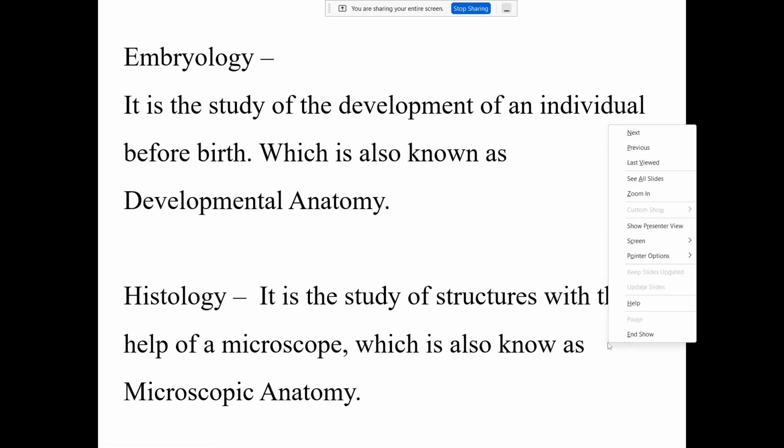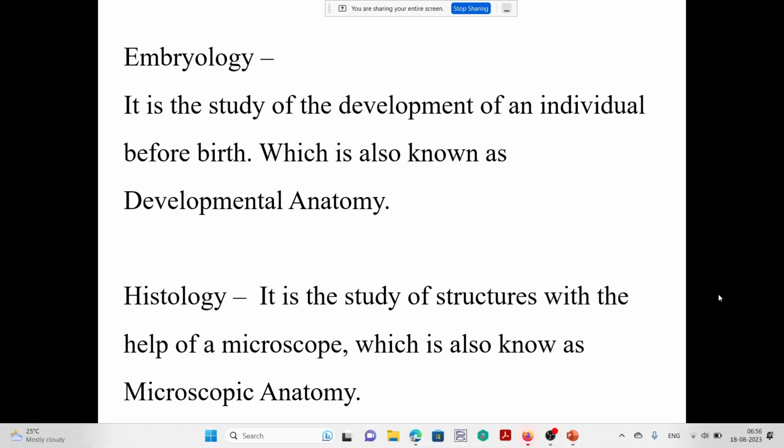So in a different aspect, we are going to make it embryological related and histological related. So what is embryology? Embryology is the study that is mainly related to the development of the individual before birth.